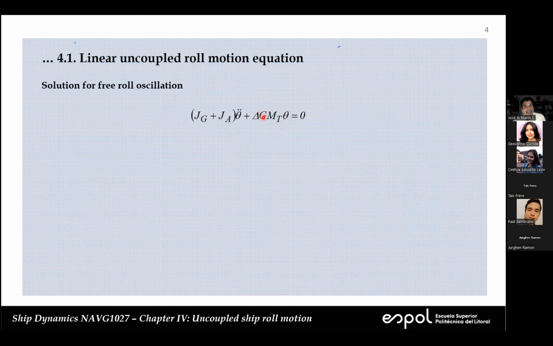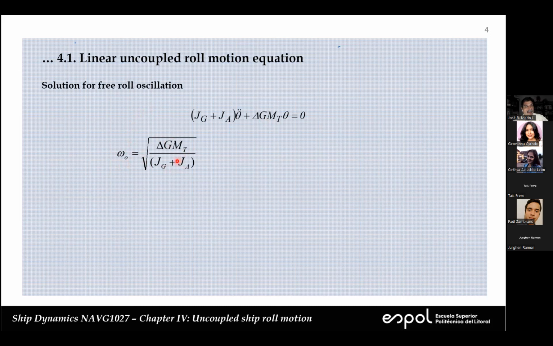And you see here that this term is constant. So we are limiting our analysis to very small values of theta. And the solution for that, we know we could calculate the natural frequency like this one.